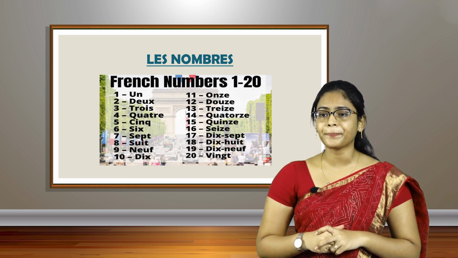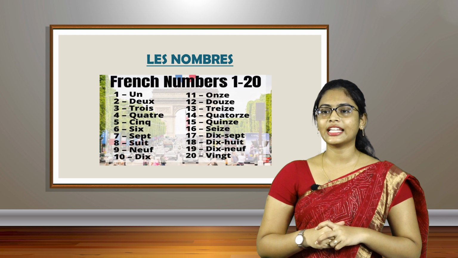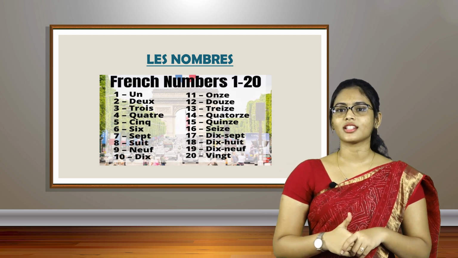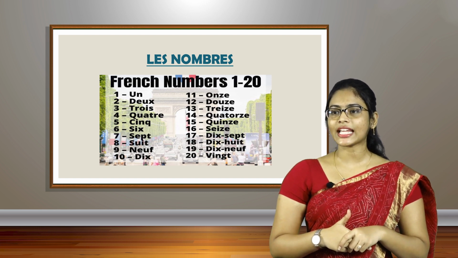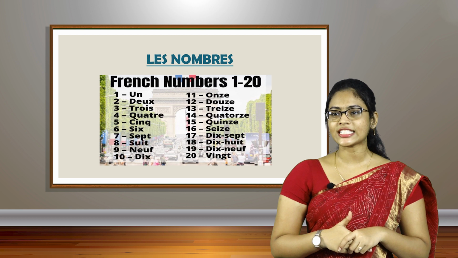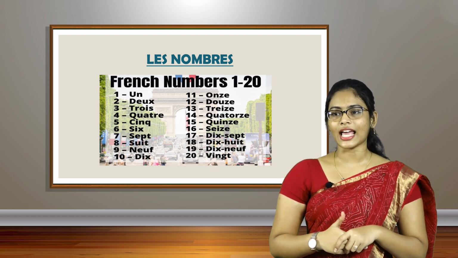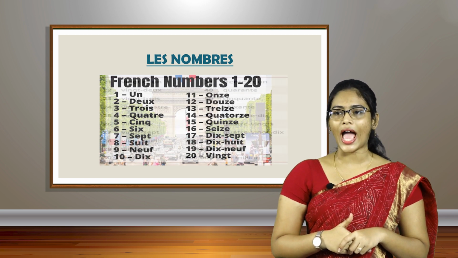It is not pronounced set with the P; the P is silent. Then huit, neuf, and then the numbers 11 to 20.